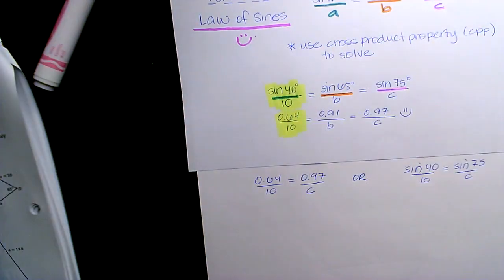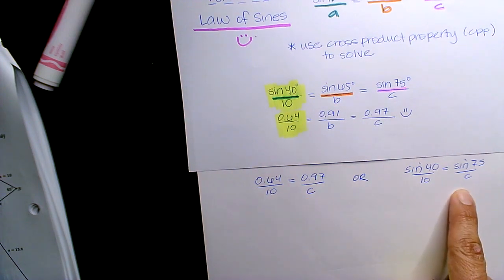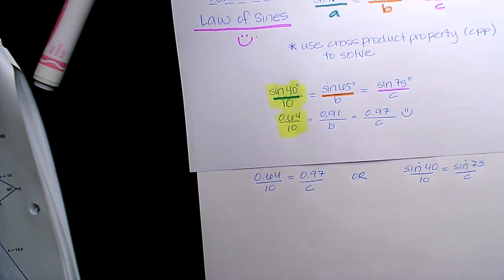That's why this is my scale factor. You can't solve for an unknown if there are multiple unknowns. You can only have one unknown, and that's C. So you just have to decide which method is suited for you.